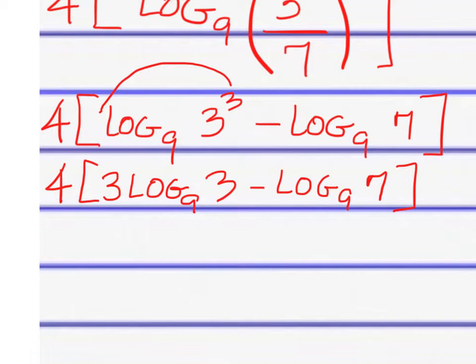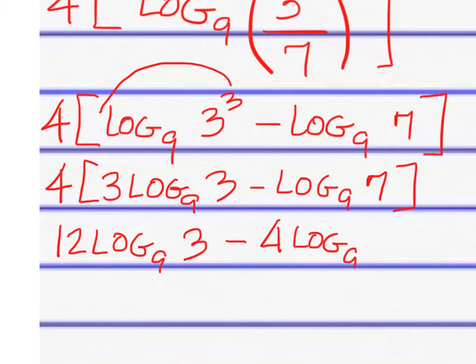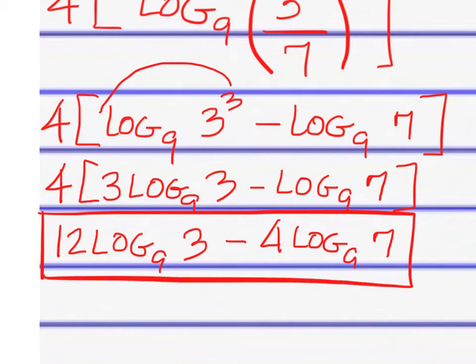Now distribute through with the 4 and come up with 12 log base 9 of 3, and then minus 4 log base 9 of 7.